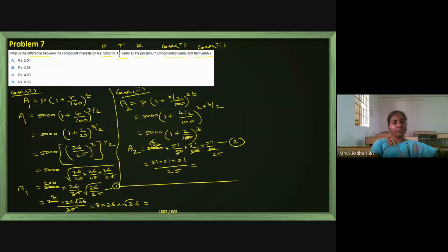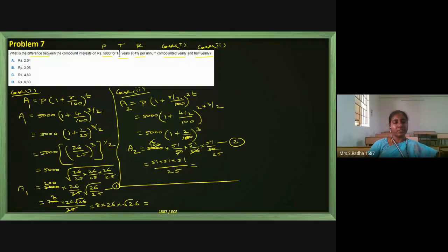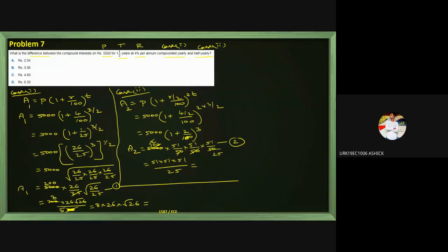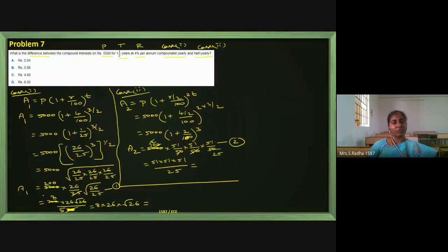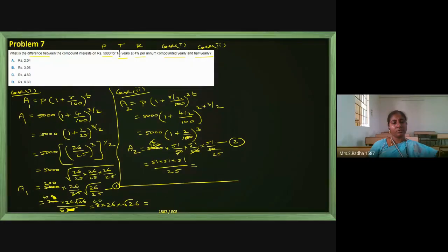Here I have taken 25, but this must be 5. Okay, the mistake I have identified. This denominator should be 5, not 25, since it is the square root of 25. So if it is 5, then instead of 8 it will come 40. So this is 40 into 26.